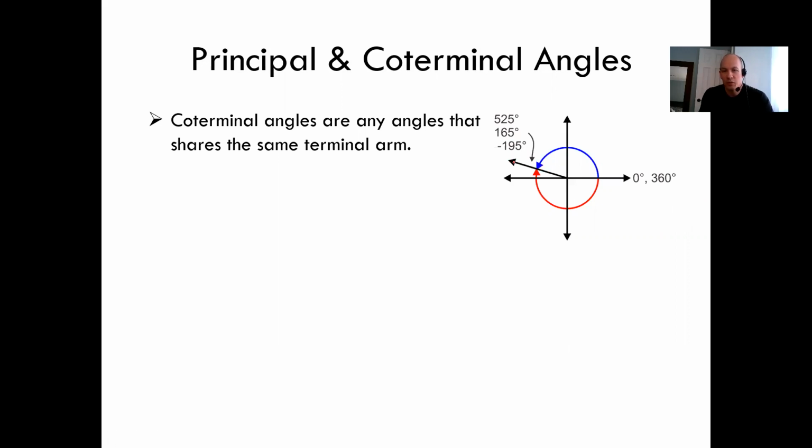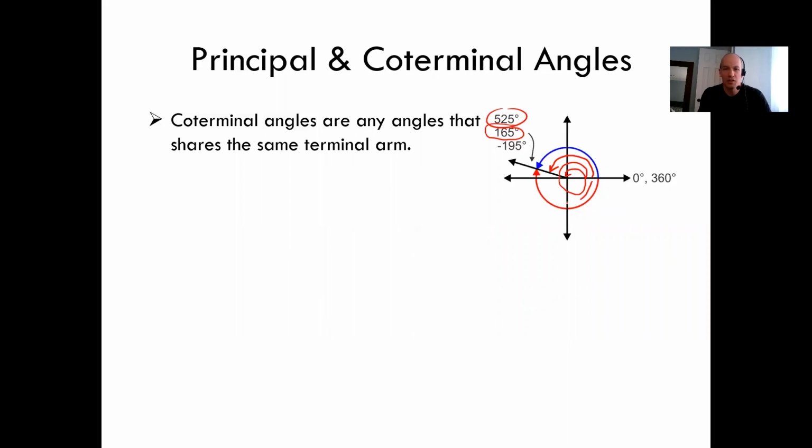So this angle over here, which is in the second quadrant, if you go in the positive direction, you find that it would require a 165-degree rotation. But the idea with a coterminal angle is you could have another angle where you don't just rotate once, you rotate there, and then you do a full 360 on top of that to get 525.